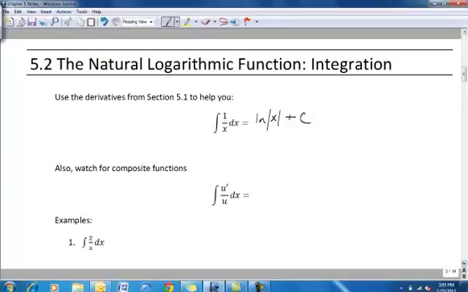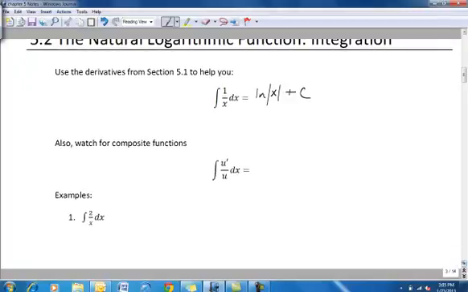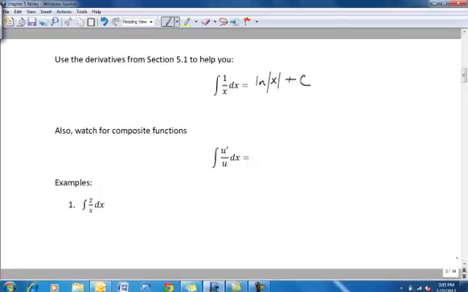Okay, and then of course, if we had this in composite form, kind of the reverse of the chain rule, this is something you've got to be really careful of. This is a pattern you need to be very, very good at. If you see a fraction and the numerator is the derivative of the denominator, right, u prime over u, the integral of that is simply ln of u with the absolute values in there plus c.